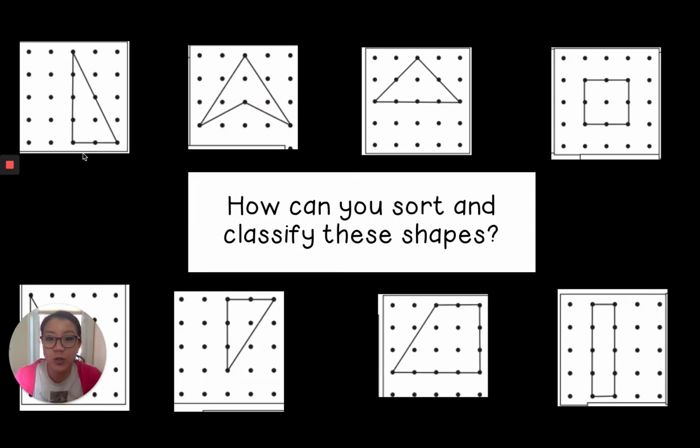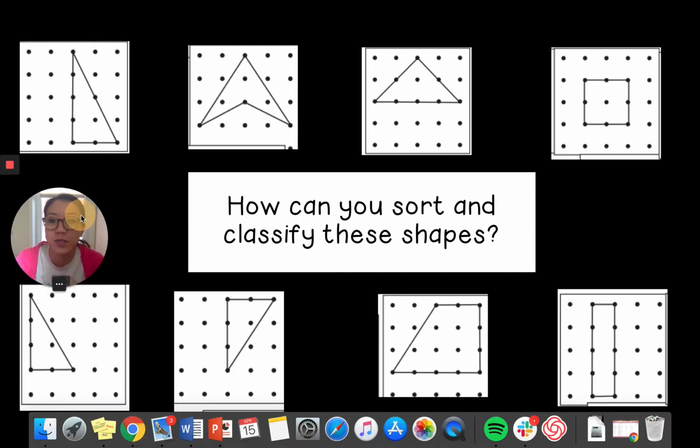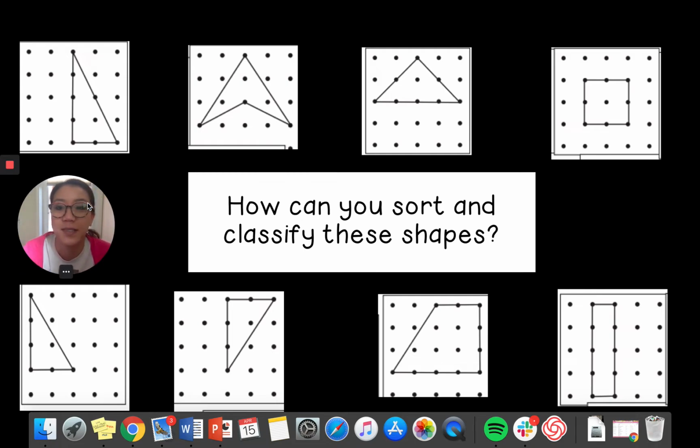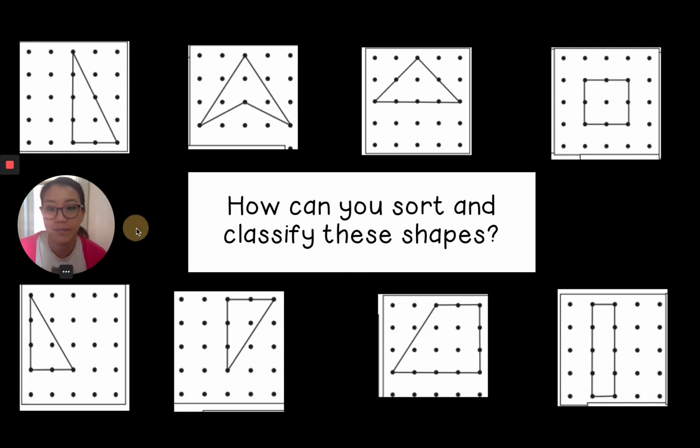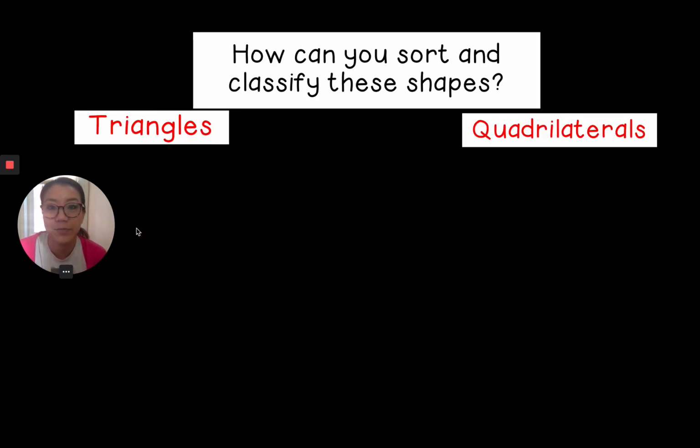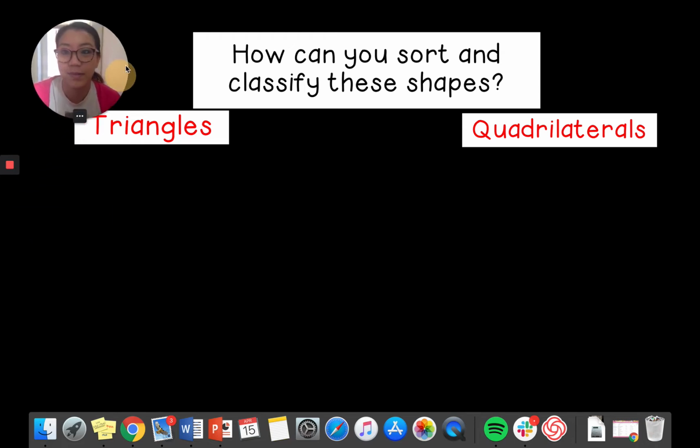So how can you sort and classify these shapes? Take a look at all these different shapes. These are little geoboards, and as you can see, some triangles and some quadrilaterals. So let's classify them and sort them.